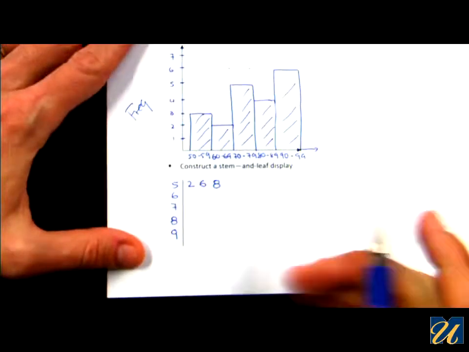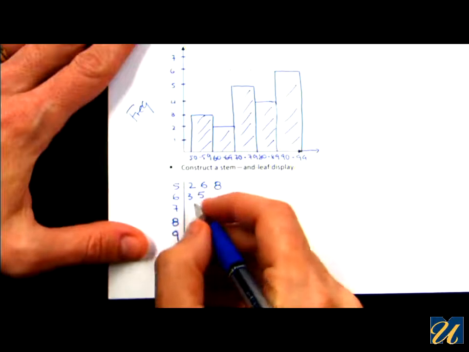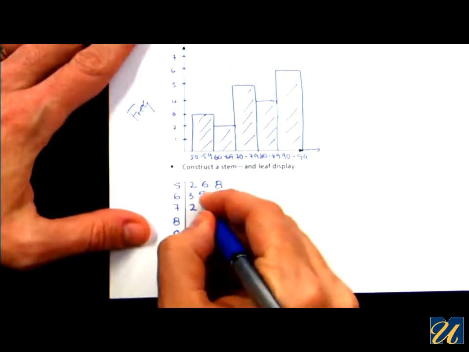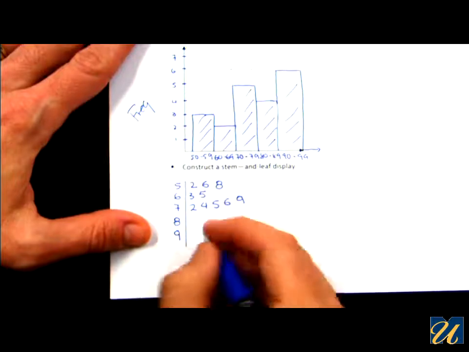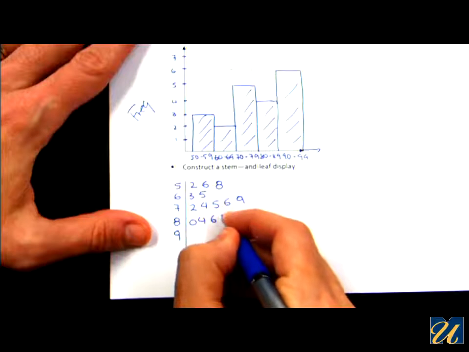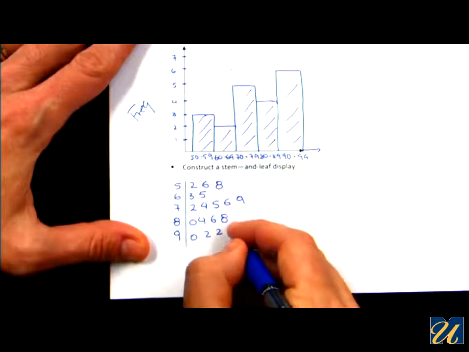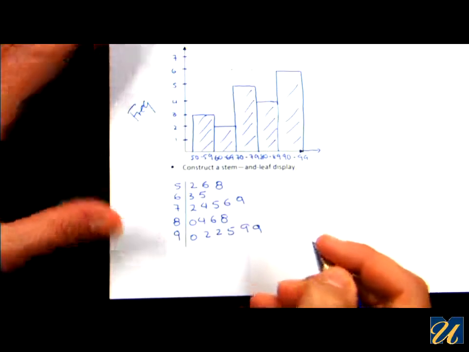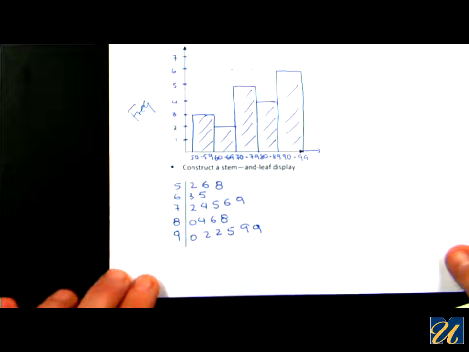Then we have 63, 65. For the 70s, we would have 2, 4, 5, 6, and 9. 80s, 0, 4, 6, 8, and 90s, 0, 2, 2, 5, 9, 9. So this is how your stem and leaf display would look.